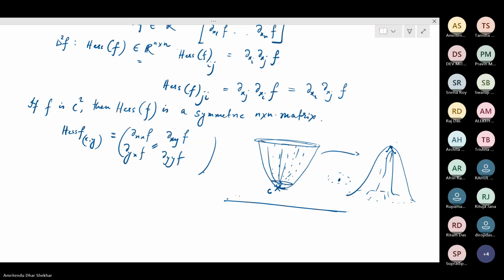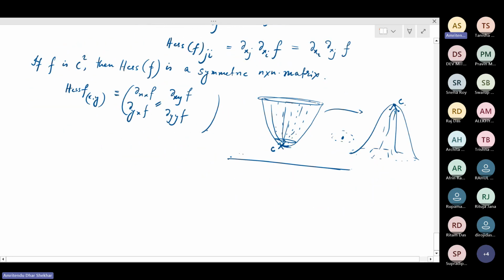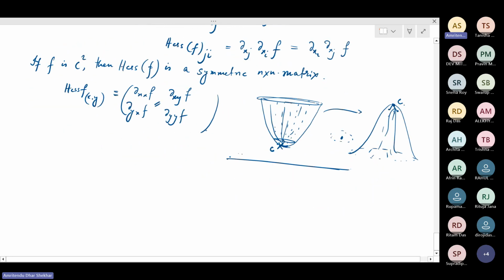Okay, but now let me draw another example of a graph, and this is the very well known horse saddle. Right, so the horse saddle looks something like this. It is basically this.